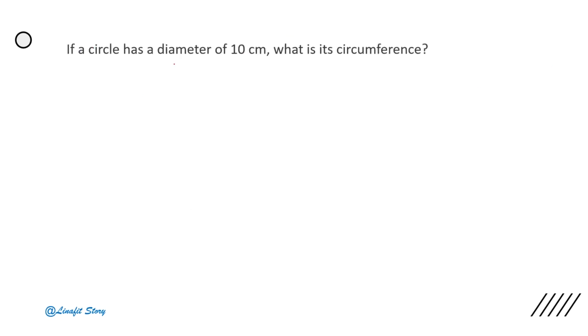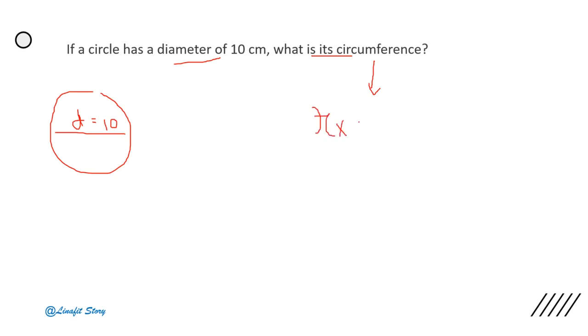A circle has a diameter of 10 cm. What is its circumference? So, the diameter equals 10 cm. So the formula to get the circumference, there are two ways. You may use pi times diameter or 2 times pi times the radius.